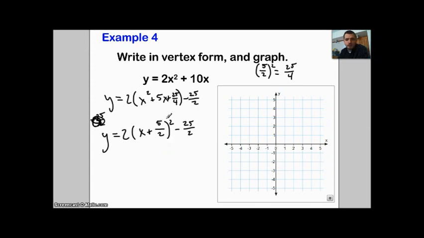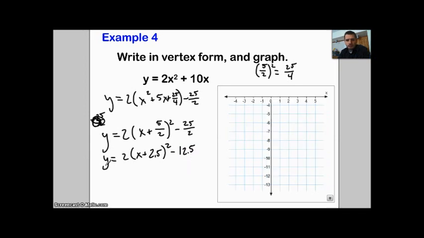All right, so let's go ahead. We're not going to have a whole lot of room here, but I'm going to put this into decimal form so we can deal with it. So it'll be y equals 2 times x plus 2.5 squared, and then 25 divided by 2 is going to be 12.5. All right, so I moved my graph so we can actually graph this guy.